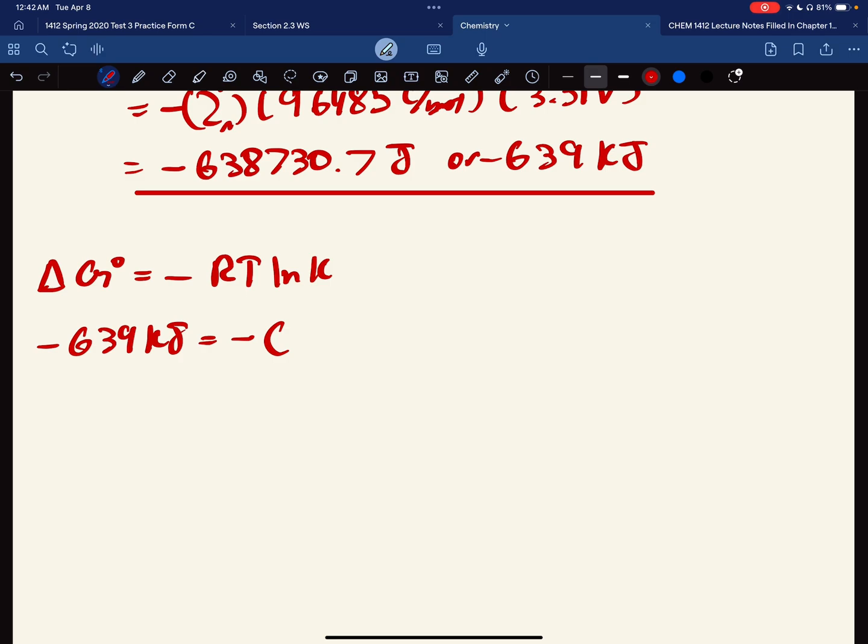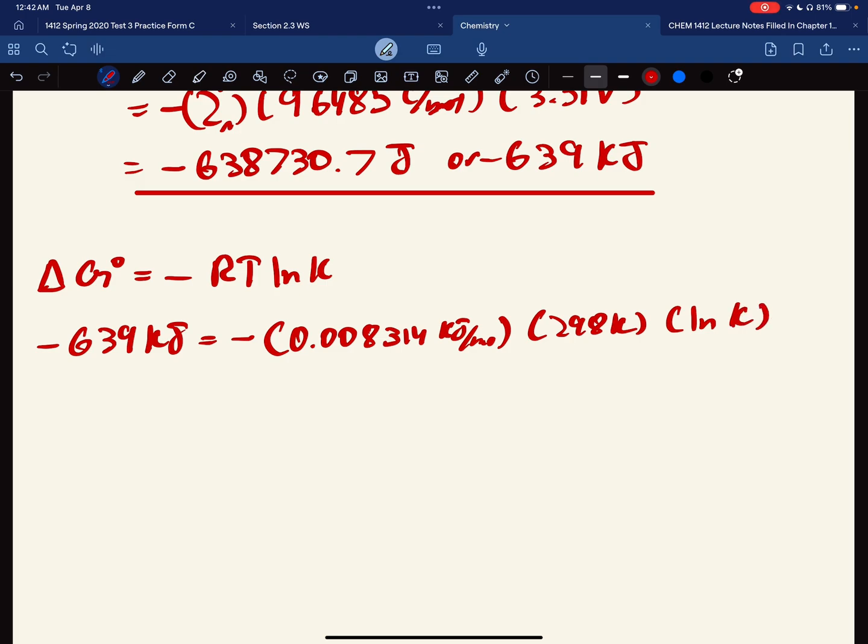It is supposed to be 8.314 joules, but as this is in kilojoules, we have to have it as 0.008314 kilojoules per mole. Then we multiply. These are standard conditions, so standard temperature is going to be 298 Kelvin, multiplied by the natural log of K.